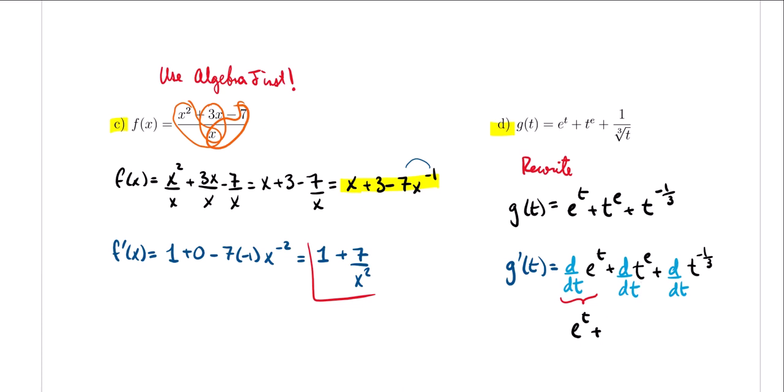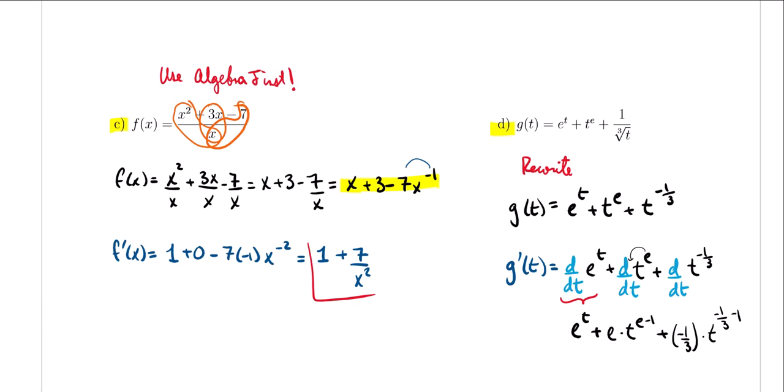So our derivative is going to be, and this is where the power rule comes into play, bring down the power. So we get e times t raised to the e minus 1 plus, now another power rule problem here, bring down the power. So we get negative 1/3 times t raised to the negative 1/3 minus 1.